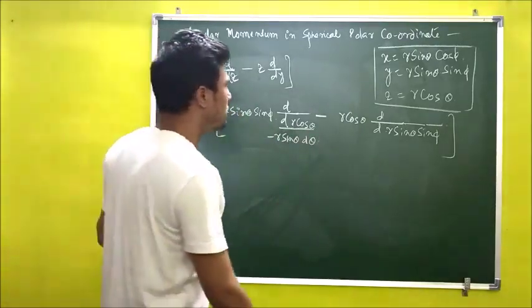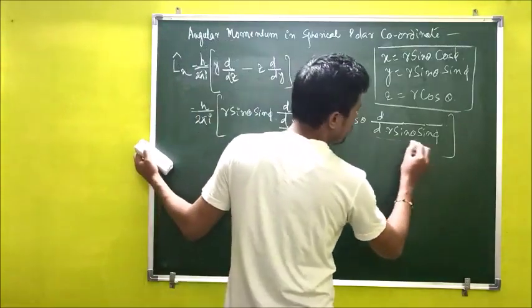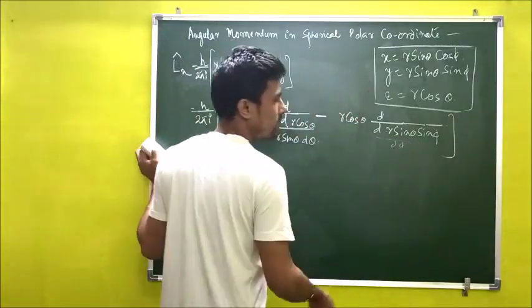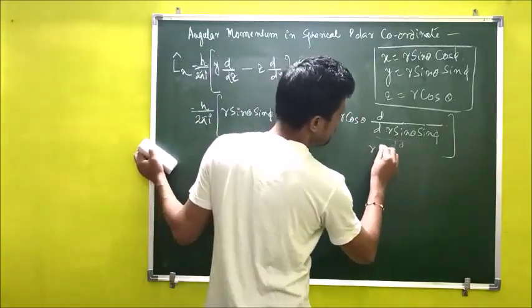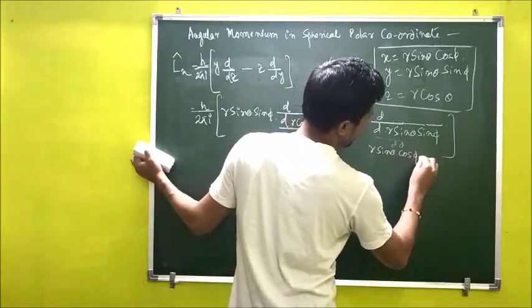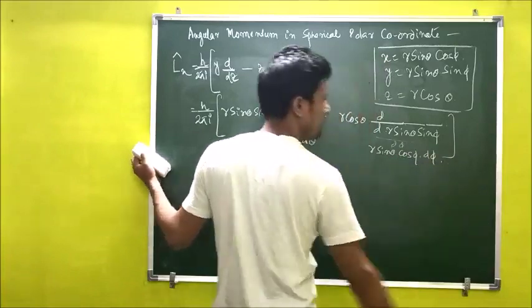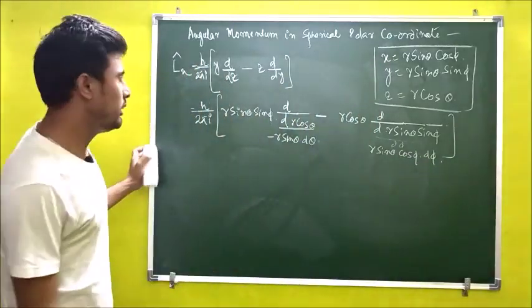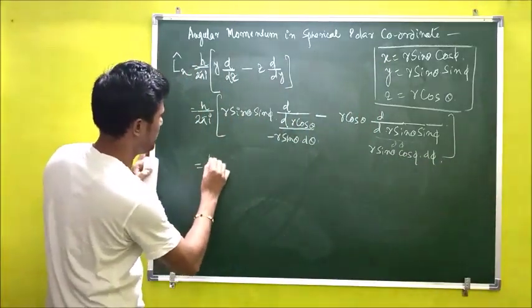If we differentiate with respect to phi, we can write r sine theta cos phi d phi. Then let's see what will happen.